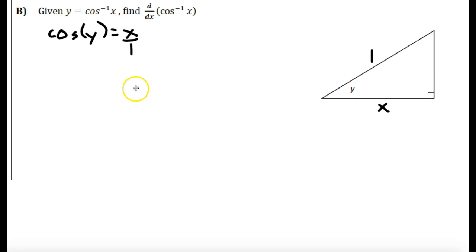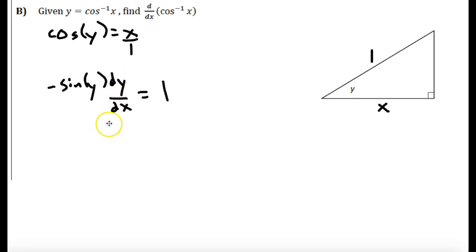All right. So again, cosine is adjacent over hypotenuse. If I take this derivative now, the derivative of cosine is negative sine. So I'll have negative sine of y dy/dx equals 1.